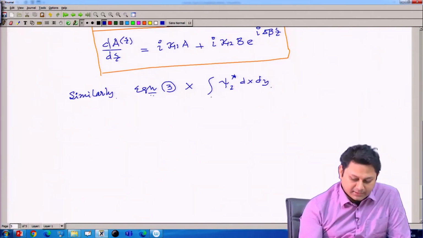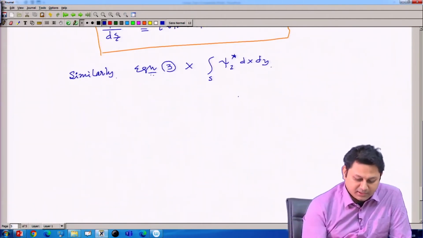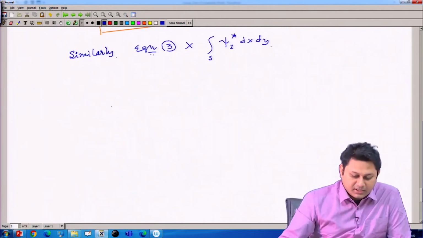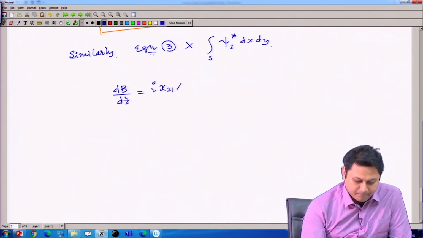And if I do that and follow all the procedure that has been done so far for A, I end up with a similar kind of equation, and I am writing this equation here.